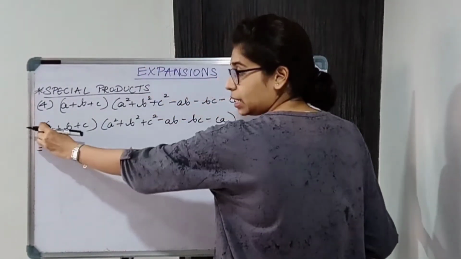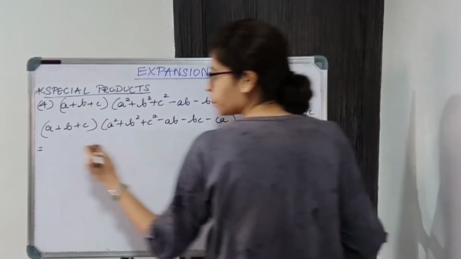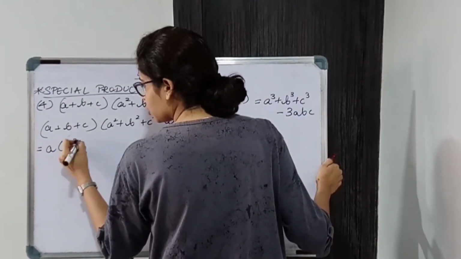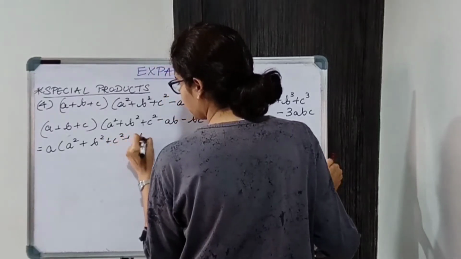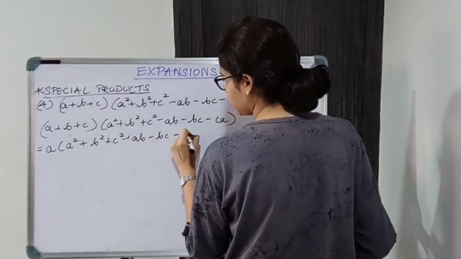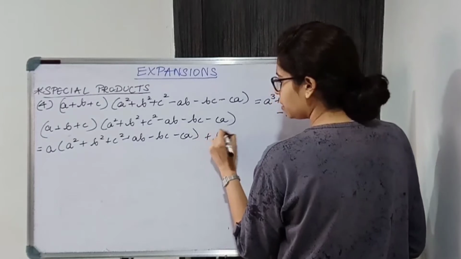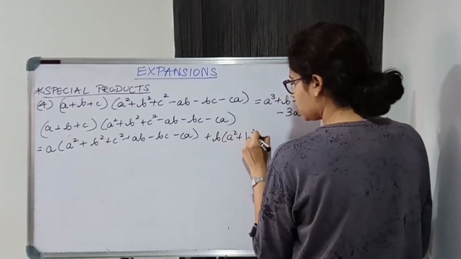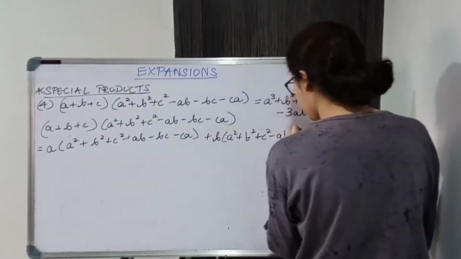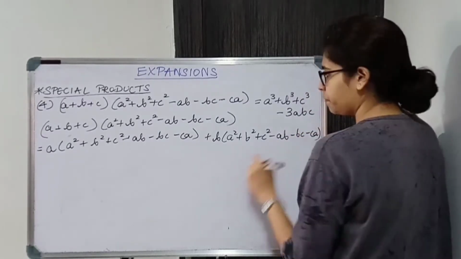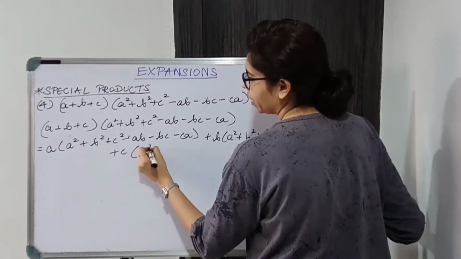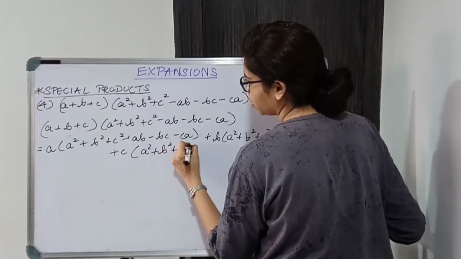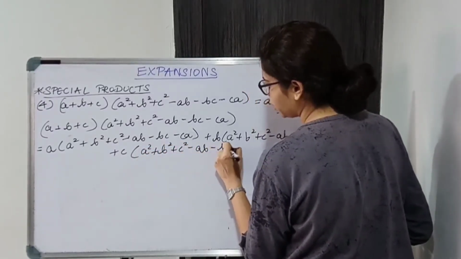We'll multiply each and every term with this bracket. So a into (a square plus b square plus c square minus ab minus bc minus ca) plus b into (a square plus b square plus c square minus ab minus bc minus ca) plus c into (a square plus b square plus c square minus ab minus bc minus ca).